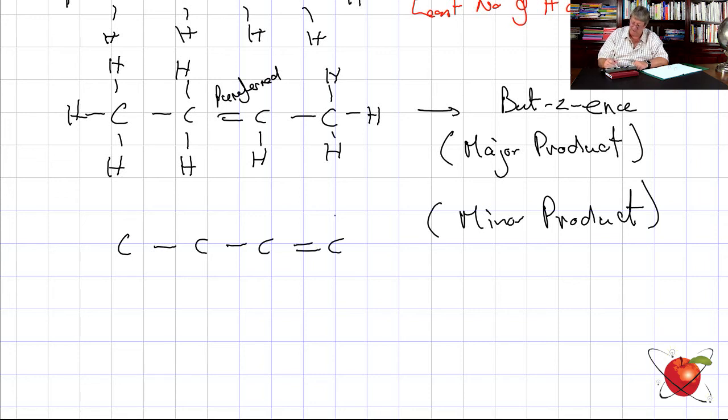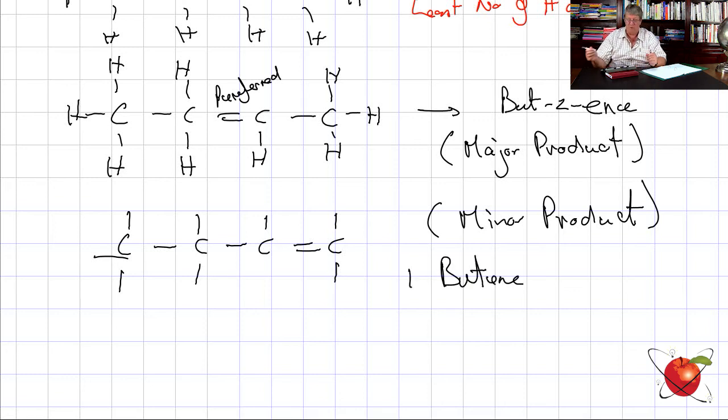Like that. 1, 2, see, I've done it again. Please excuse me where I've made those mistakes. I do them too quickly because I'm trying to get through it. So please forgive me where you see those and just rub them out. 1, 2, 3, and a fourth. So in other words, this is straightforward but-1-ene.